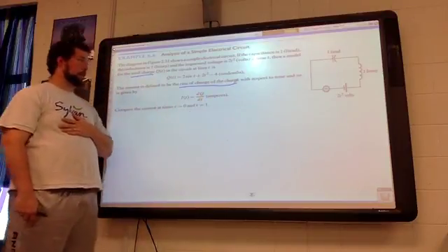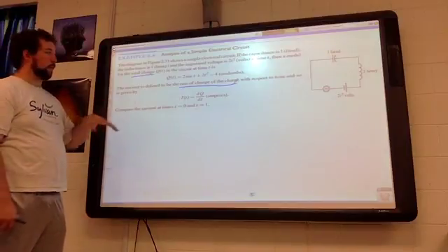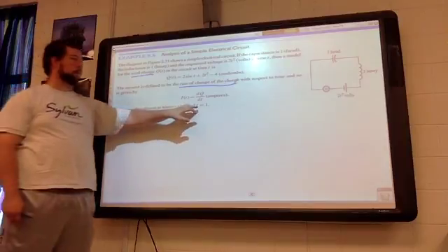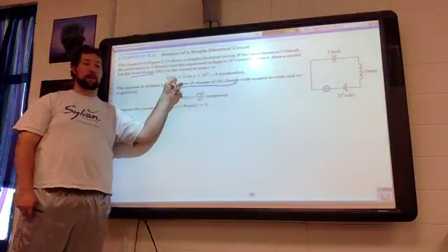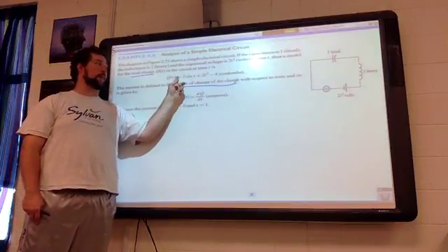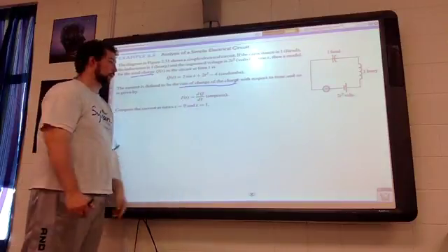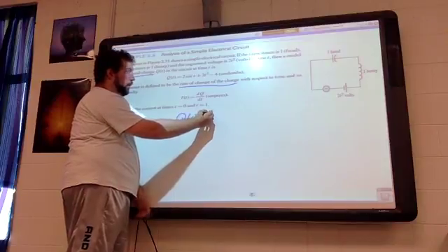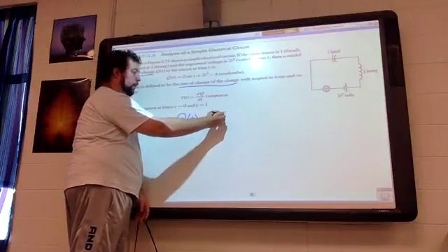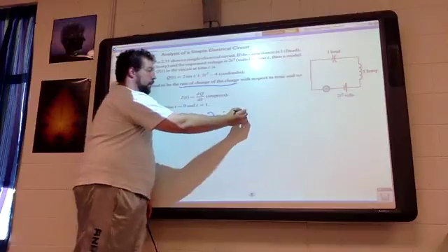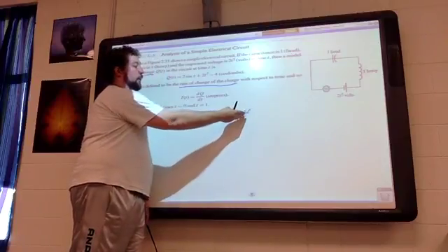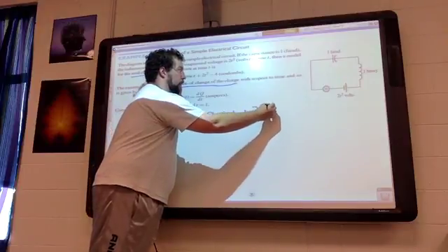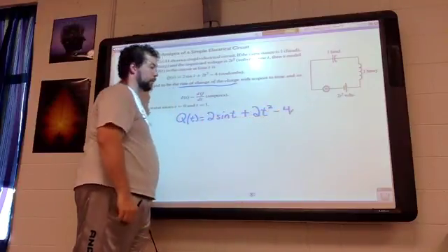The dq over dt is just a fancier way of saying the derivative of q at time t. So all we have to do here to compare the current at times t equals 0 and t equals 1 is, first off, find the current function by finding the derivative of the charge. So Q of t, again the t stands for time, is 2 times the sine of t plus 2t squared minus 4.